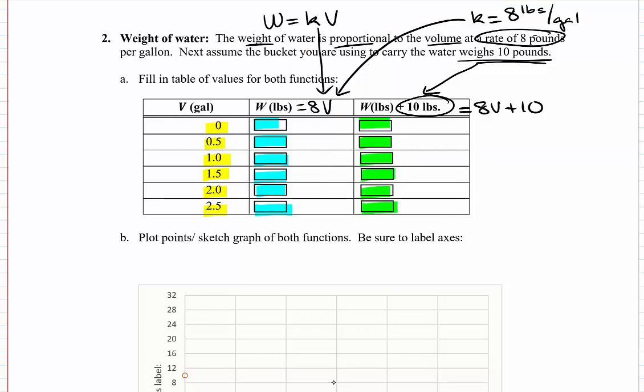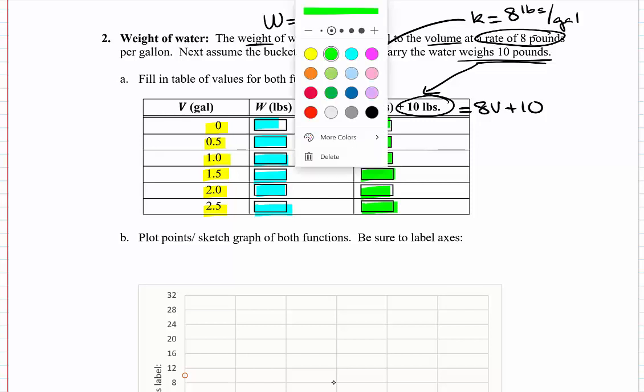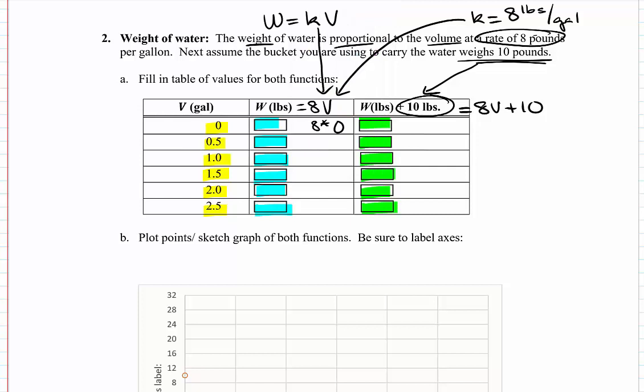So the way we do this is we take 8 times 0, because we're using the volume 0 here, and that of course will give us 0. And then we'll take 8 times 0.5, that'll give us 4. Then we'll take 8 times 1.5, that'll give us 12, and so on and so forth.